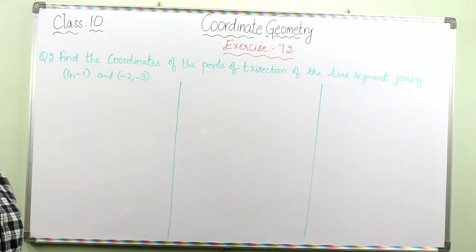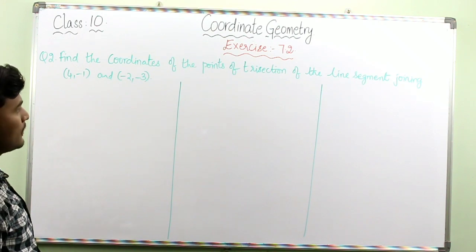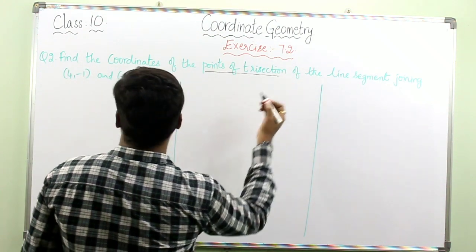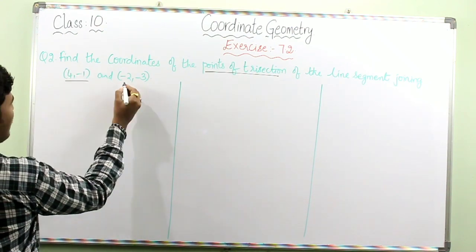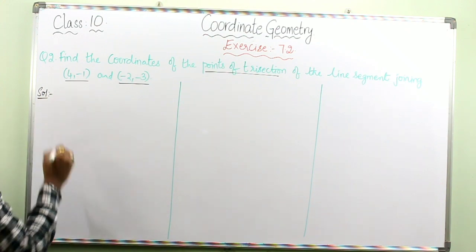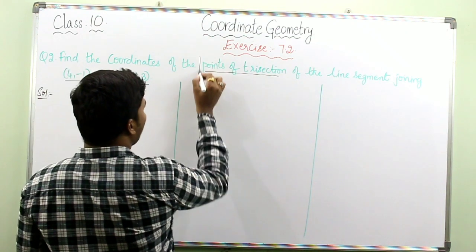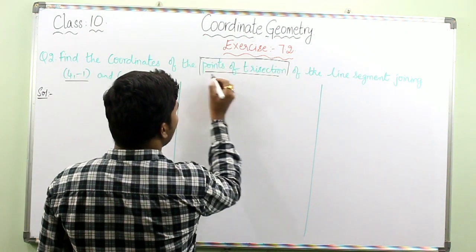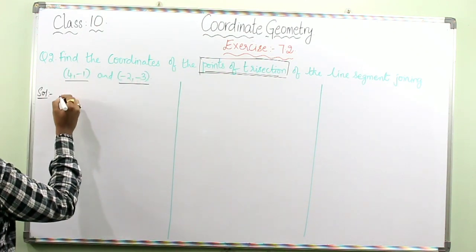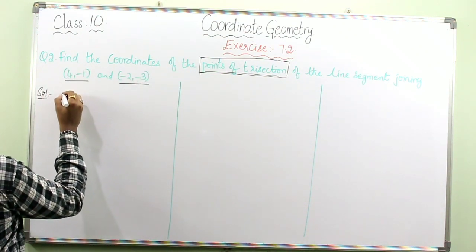Now the second question: find the coordinates of the points of trisection of the line segment joining the points (4, -1) and (-2, -3). I told you, whenever we see points of trisection, we need to consider the ratio as 1 is to 2 and 2 is to 1.